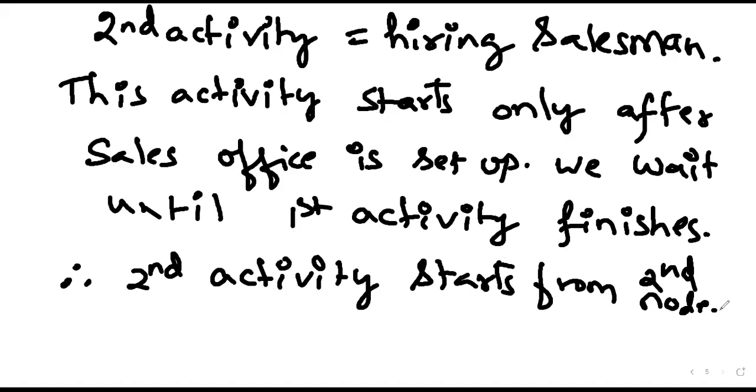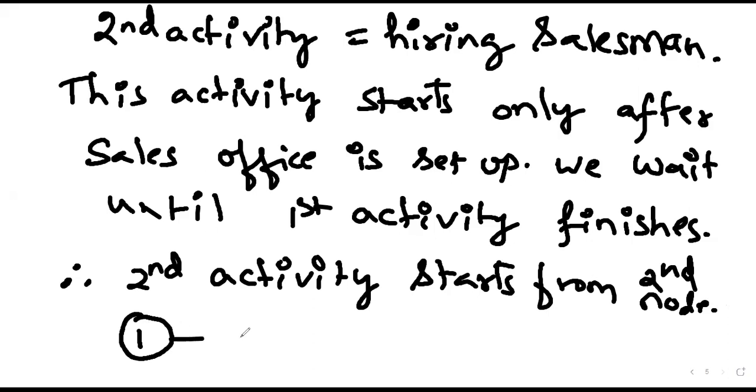What does that mean? Only after we set up the sales office can we start hiring the salesmen. Until then, we do not have any confirmation as to how many salesmen are required and so forth. That is the reason we have to wait until the first activity finishes.